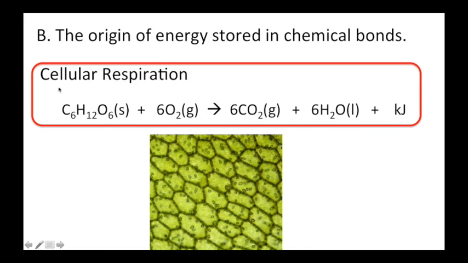And then the plant cells take the glucose and burn it, and they get that energy out of it. So the molecule glucose has energy stored in it, and it just came out when this reaction happened. So in every cell, kilojoules are being used to do the processes inside the plant cells.